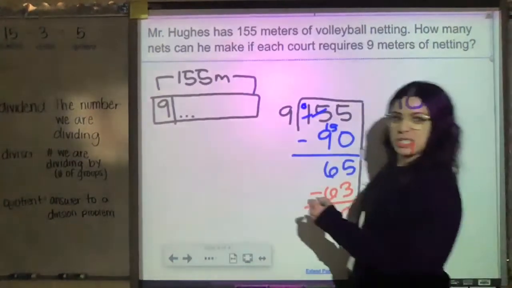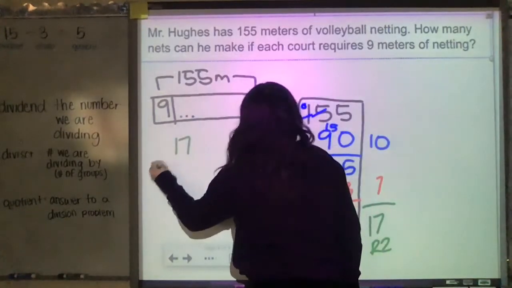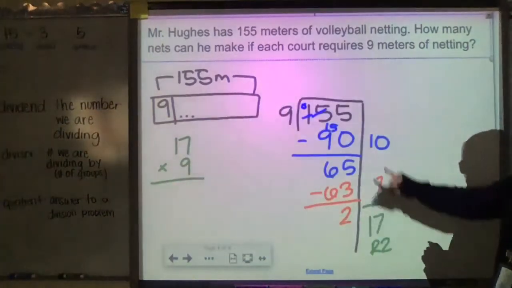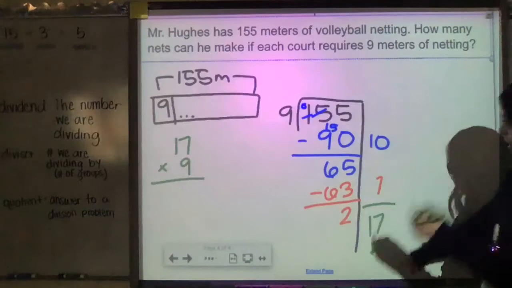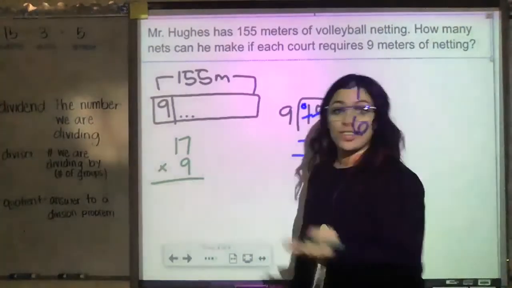I'm gonna go ahead and check this work and make sure that I am on track. 17 times 9. And I wanna get to 155, keeping in mind I need to add on my remainder at the end. So 7 times 9, I just did that.